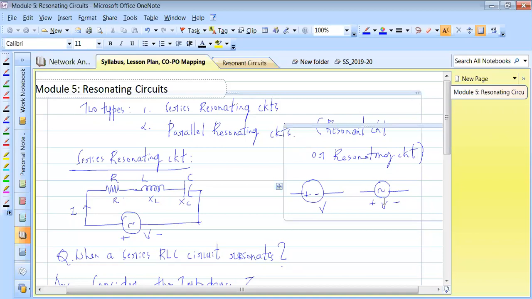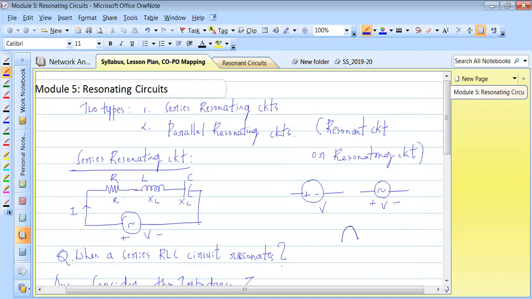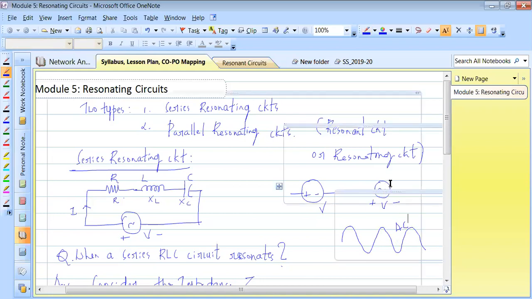Because the sinusoidal wave goes to the positive maximum, comes back, crosses the zero voltage and goes to the negative maximum and keeps alternating between the positive max and the negative max. That's why it is called an alternating current wave. That's why the first is called DC and the second one is called AC.